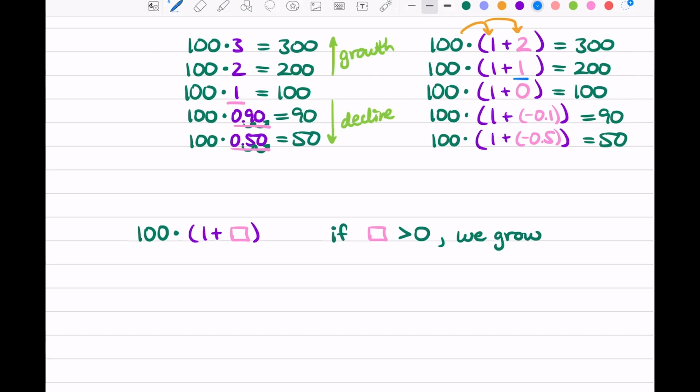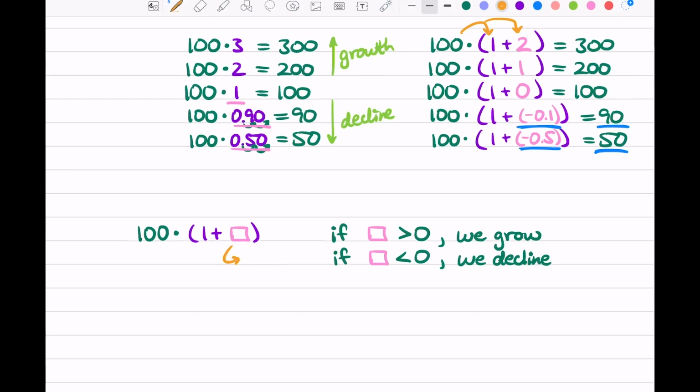However, when our number was bigger than 0, we got growth. And we also saw that if our number in pink was less than 0, we decline. That's what we saw with these numbers. When our pink number is less than 0, our number in the end is smaller than 100.